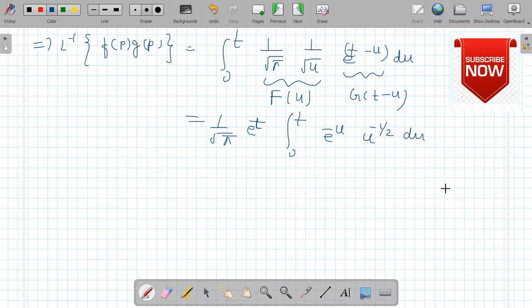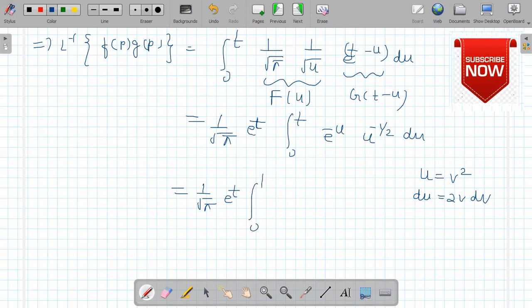So here to integrate this function, we suppose that u is equal to v square. So du is equal to 2v into dv, because that is going to become an error function.